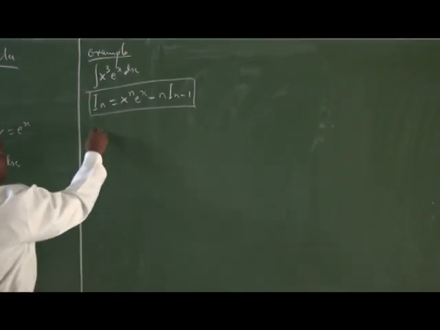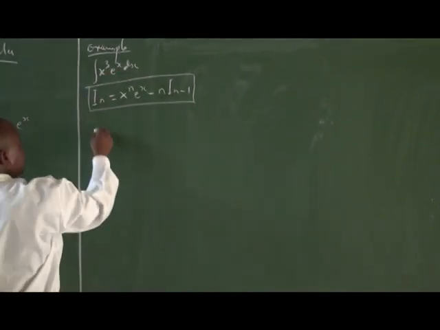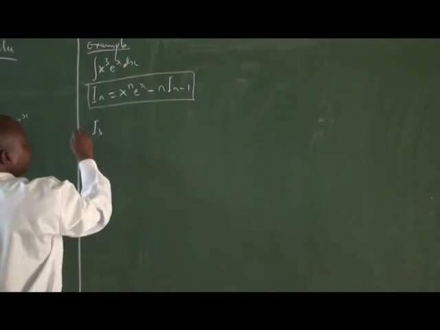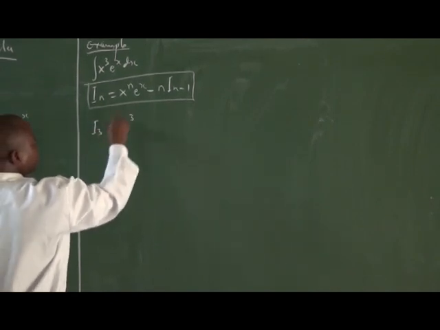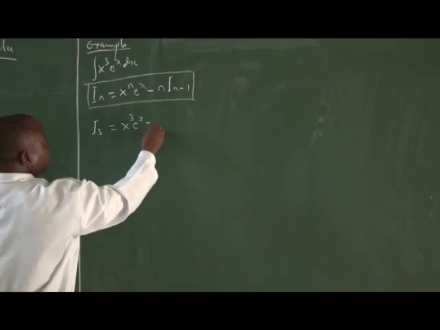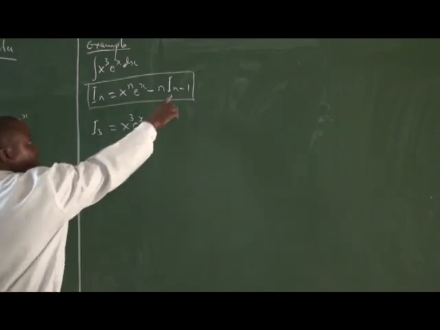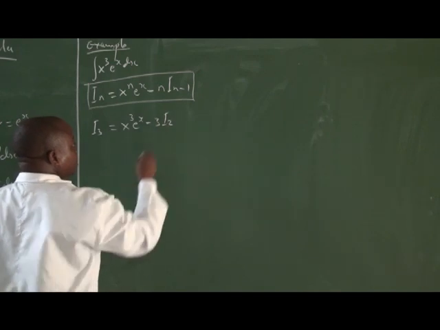So this one is 3 and here is 3, so I_3 will be equal to x^3 e^x minus 3 I_2, where n minus 1 is 2.